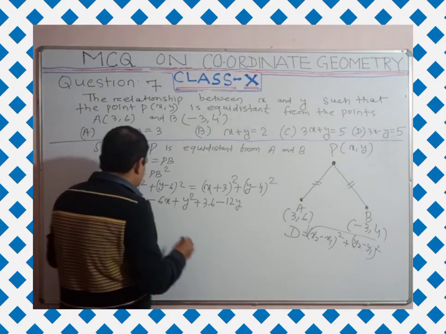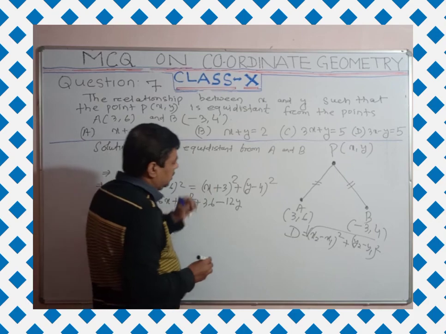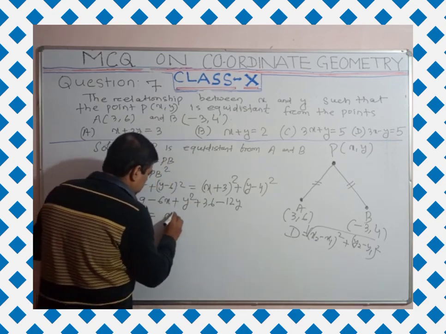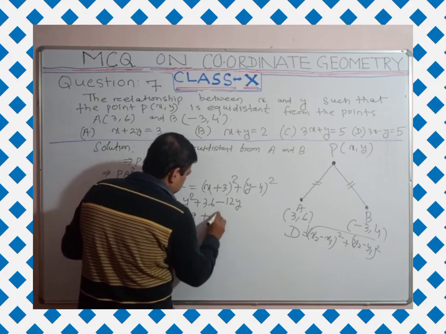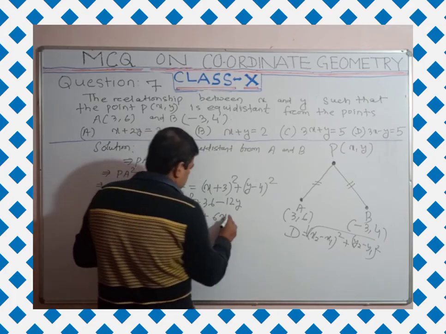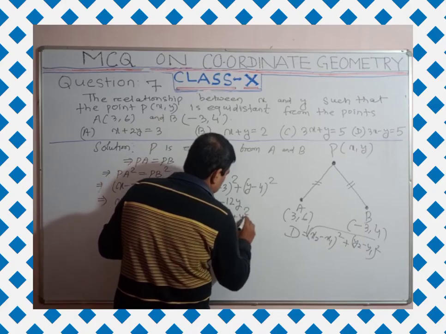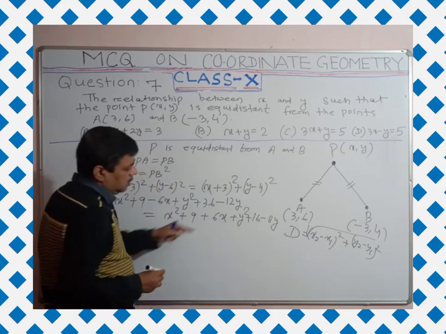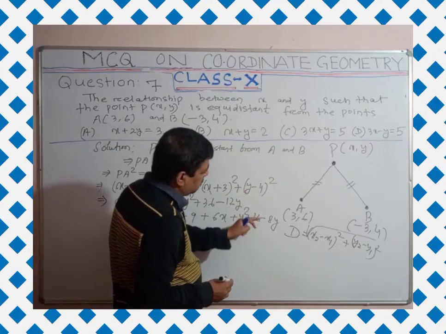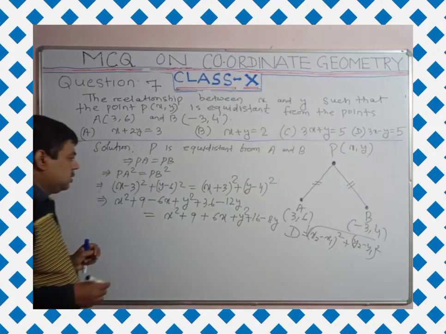Similarly, (x plus 3) whole square, x square plus b square means 3 square is 9, plus 2 times 3 is 6x. Similarly, plus y square plus 16 minus 8y. Okay, y square, 4 square 16, minus 8y.